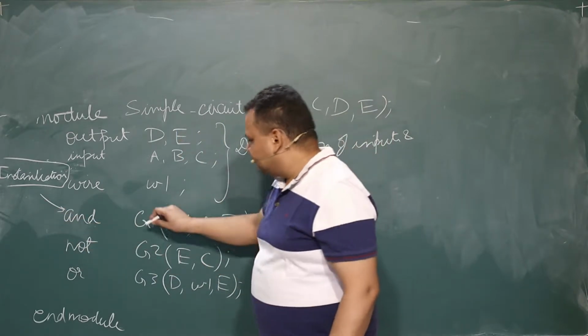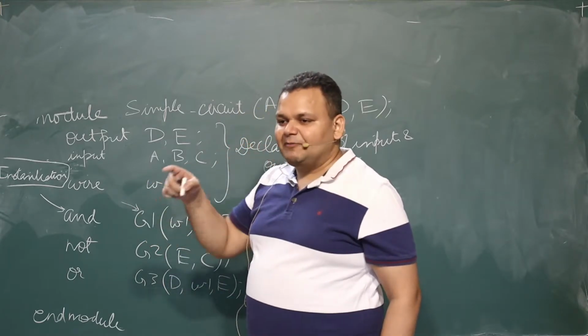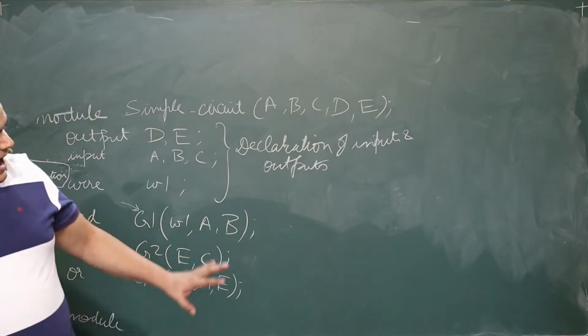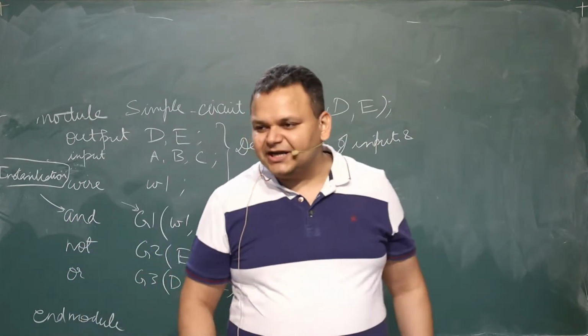And what does it do? It gives the name G1 to that particular AND gate. And how are the inputs and outputs connected?